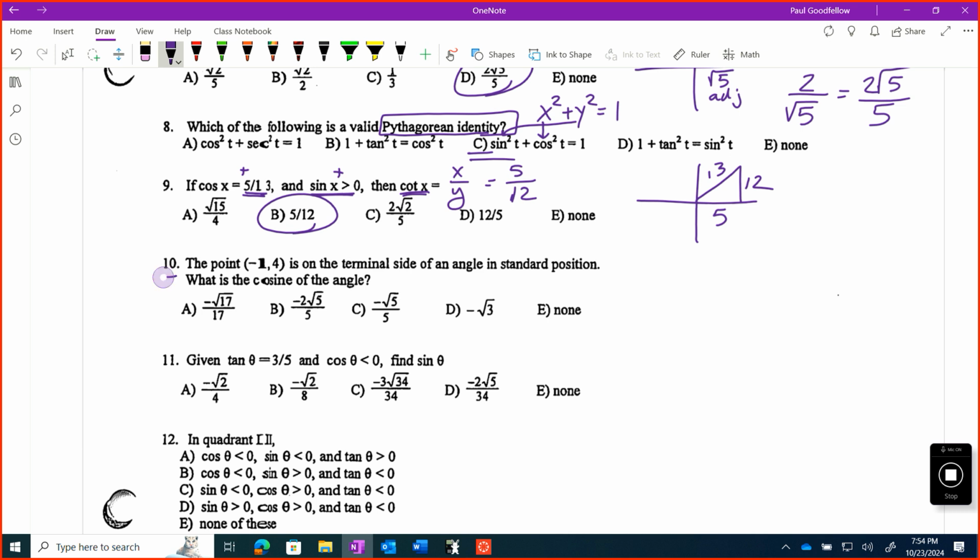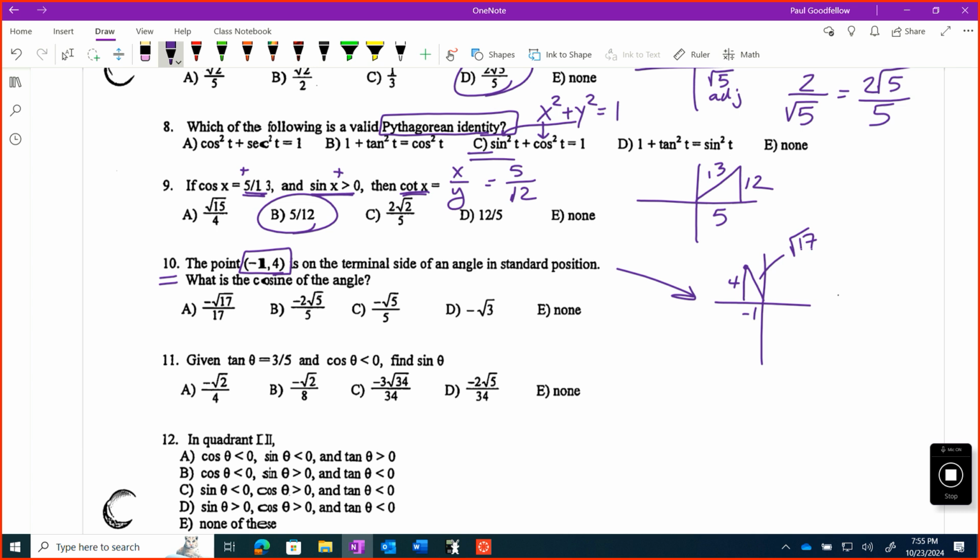Number 10, I don't know where that is, so I should draw it. -1 and +4 would be somewhere in the second quadrant, and if I draw it like that, -1 and +4, the Pythagorean theorem is going to give me that the length of the hypotenuse is 16 plus 1, or the square root of 17.